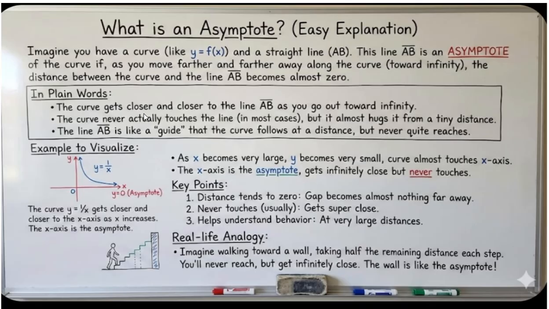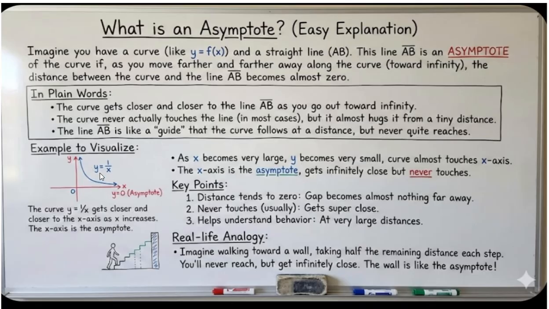In plain words, the curve gets closer and closer to the line as we go out towards infinity. The curve never actually touches it, but it almost hugs it at tiny distances.